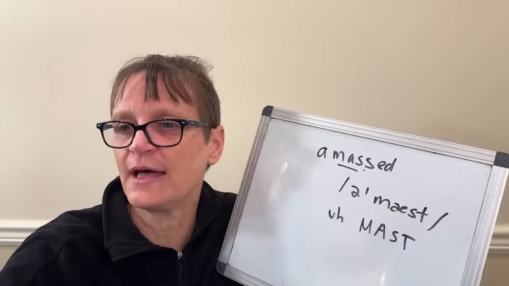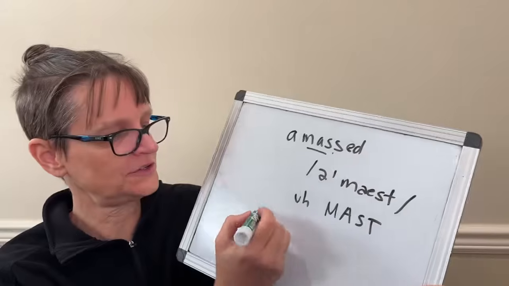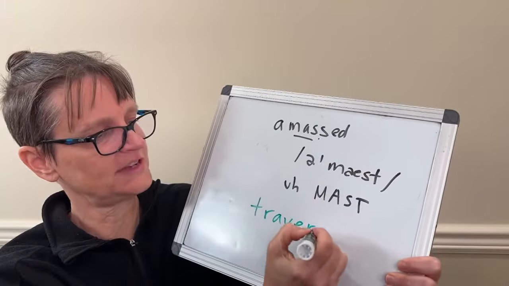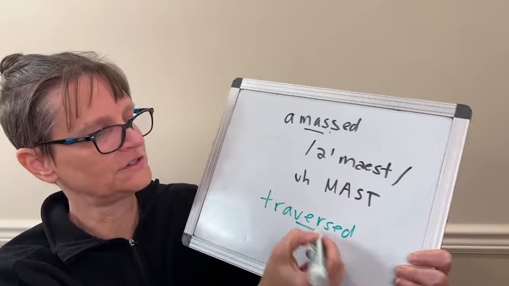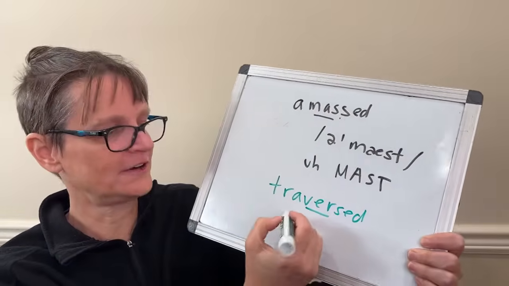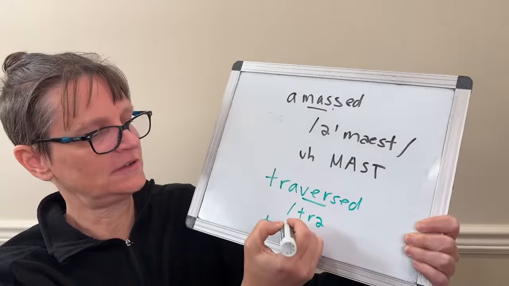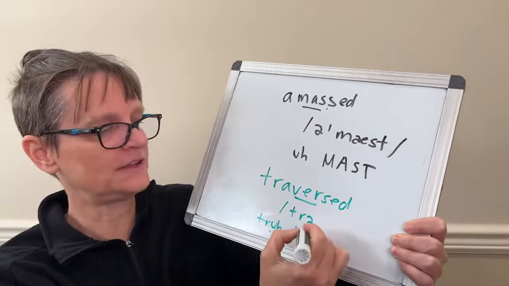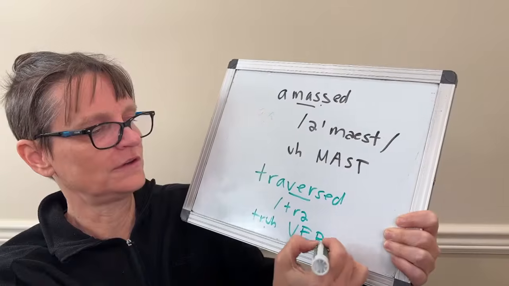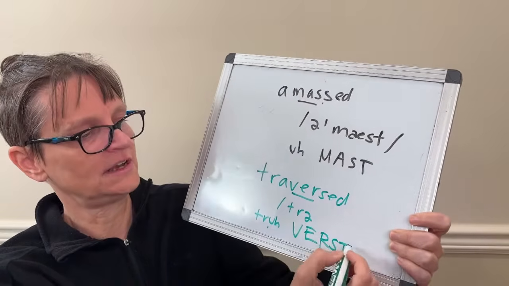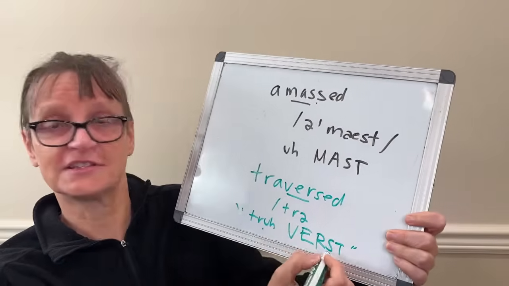And then you also asked about traversed. So here again, because we're stressing on the verse syllable, the first letter A is going to be a schwa, sounds like tra, very short vowel there, and then it's just like the word versed, V-E-R-S-E-D, where that ED sound is going to sound like a T as well.